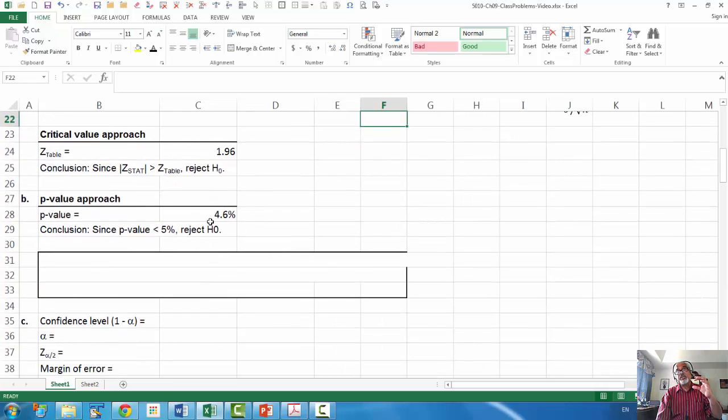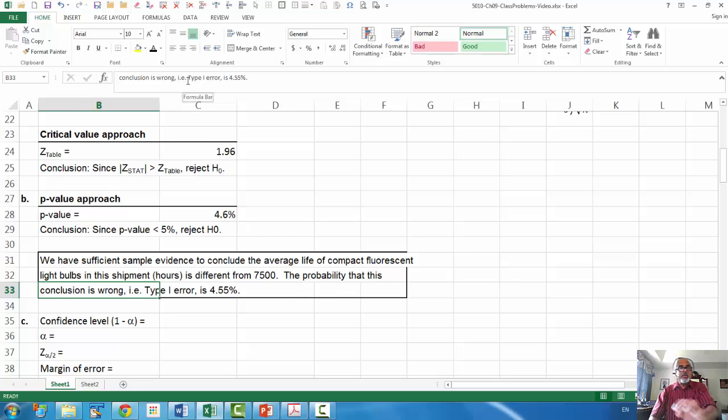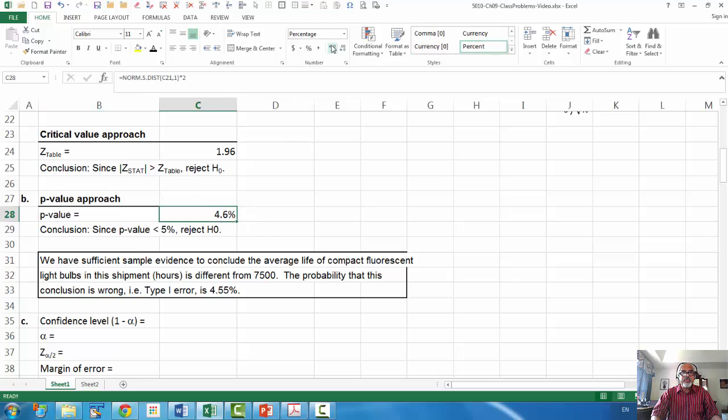It's only 4.6%. So we have sufficient sample evidence to conclude the average life of the compact fluorescent bulbs in the shipment is different from 7,500. And the probability that this conclusion is wrong, which is the type 1 error, is 4.55%.